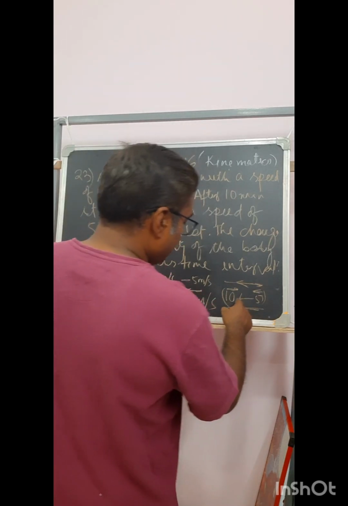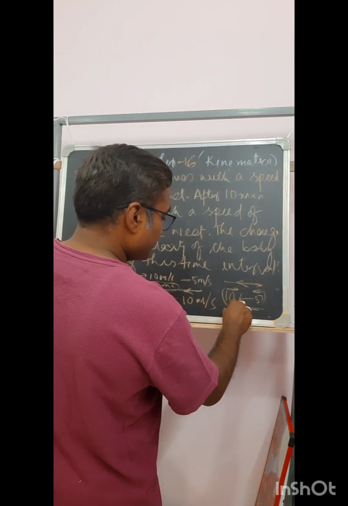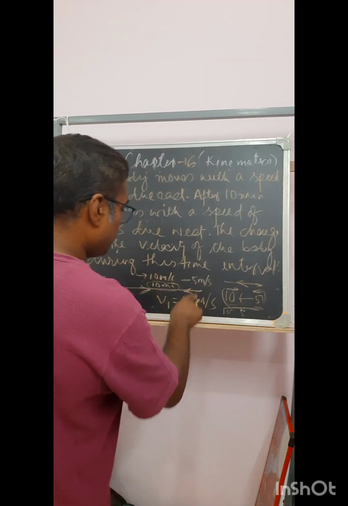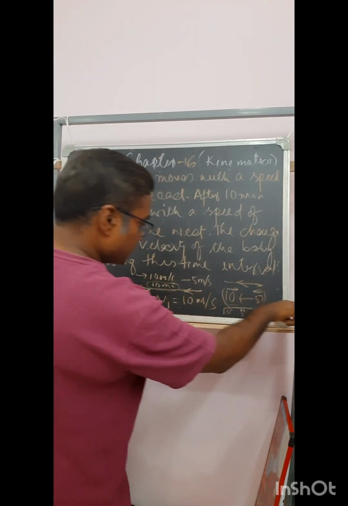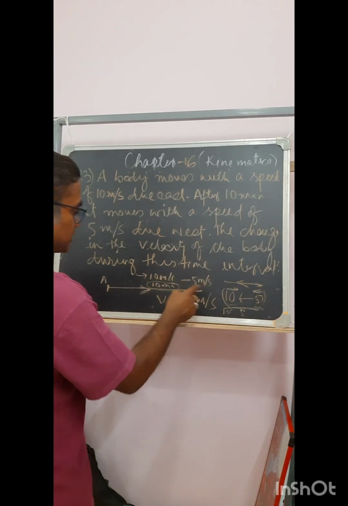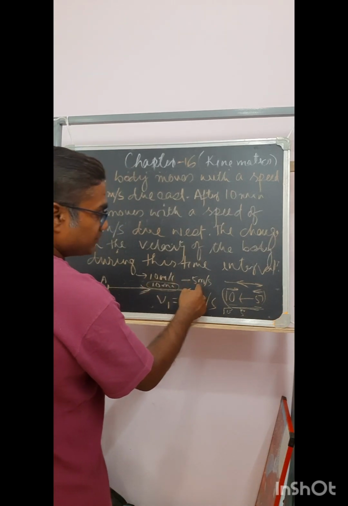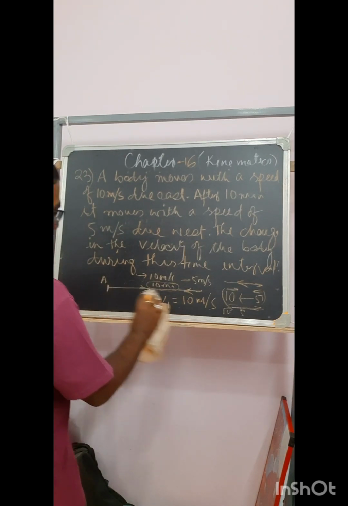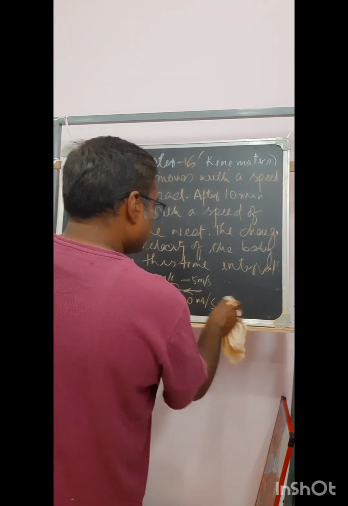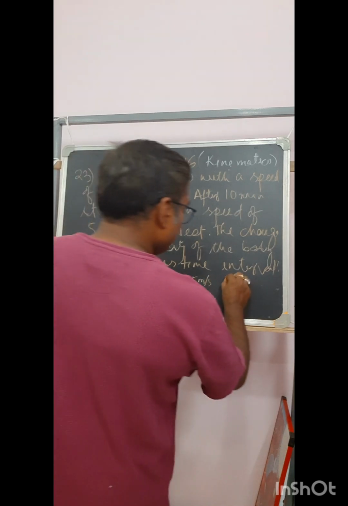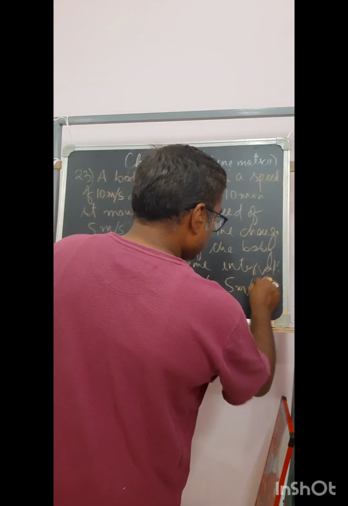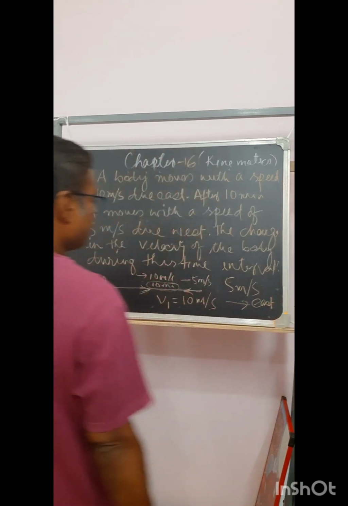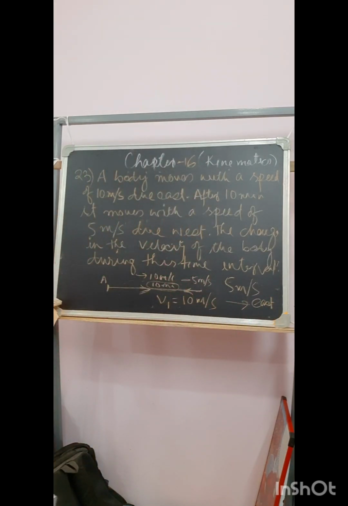So ultimately it will move in the same direction eastwise, but with the reduced speed of 10 minus 5, that is 5 meter per second. There is no calculation as such, but the logic says it would move with 5 meter per second in the direction of east. So this will be your answer.